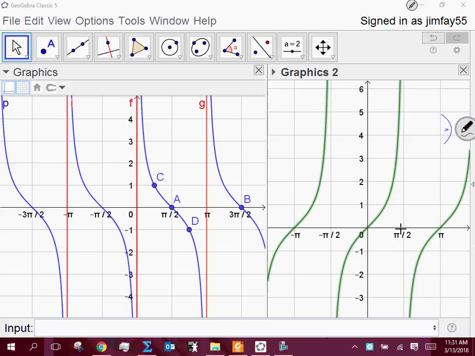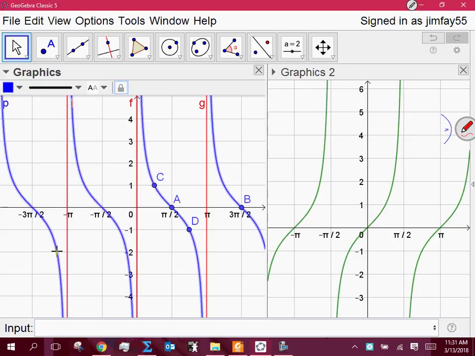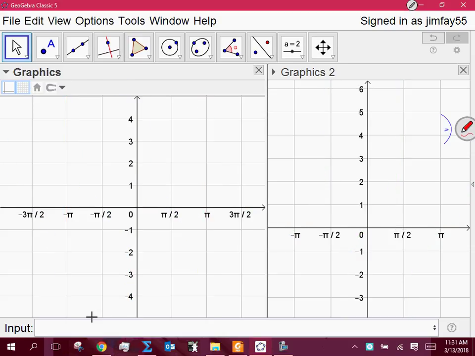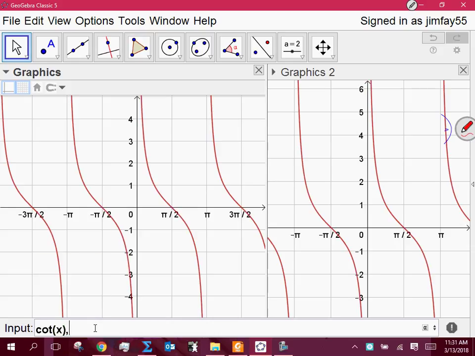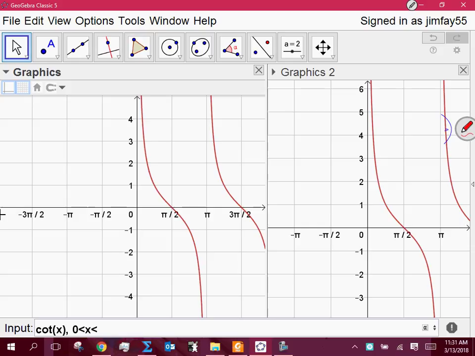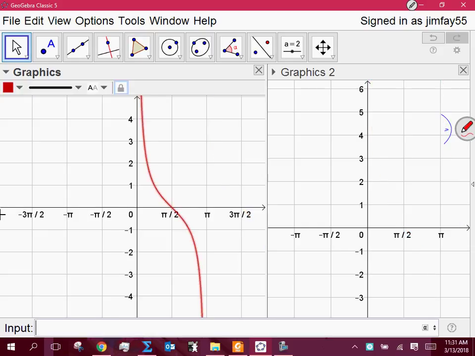If I look at just the parent functions of both of these, let me delete all that out there. Let's just go with the cotangent of x. We usually look at it between 0 less than x less than pi. So that is the initial parent function with the asymptotes x equals 0 and x equals pi.